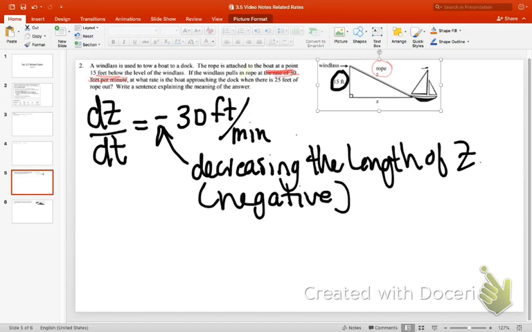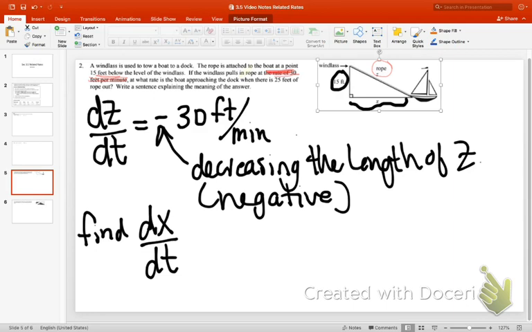At what rate is the boat approaching the dock? So if we're asking at what rate the boat is approaching the dock, that is this length that's changing. So we're trying to find the change in x with respect to time. So we're given dz dt, it's a negative rate, and we're trying to find dx dt when x is, nope, I have to be careful here, it's not x.